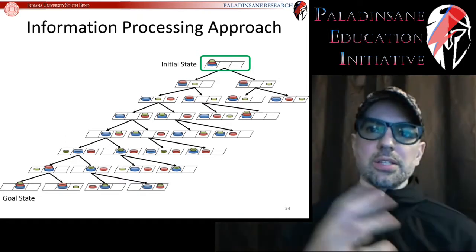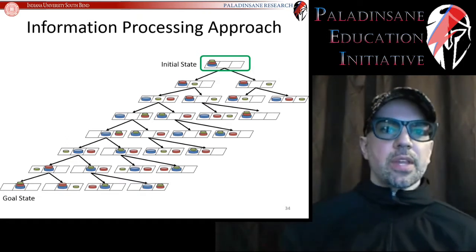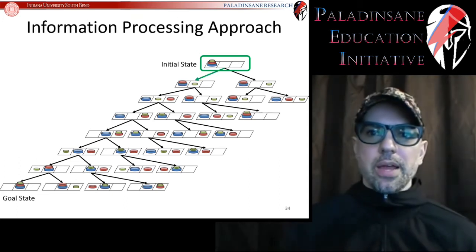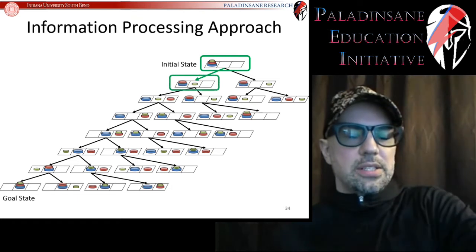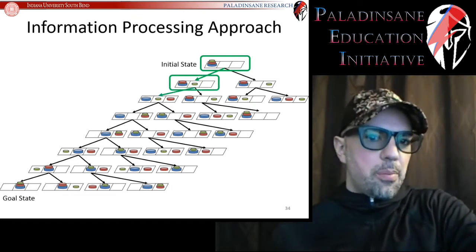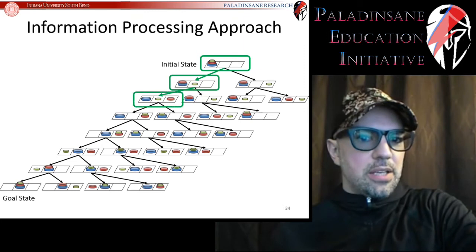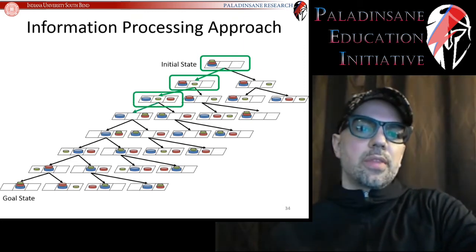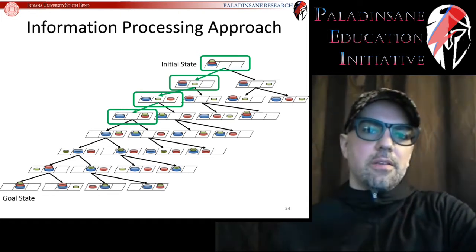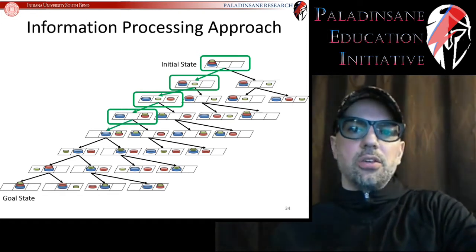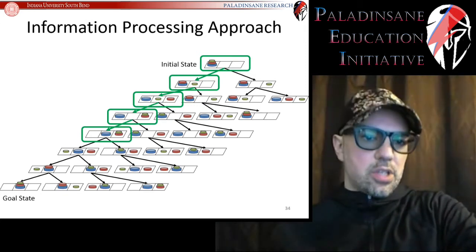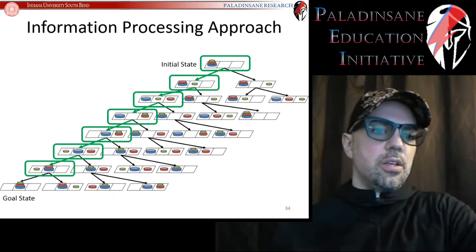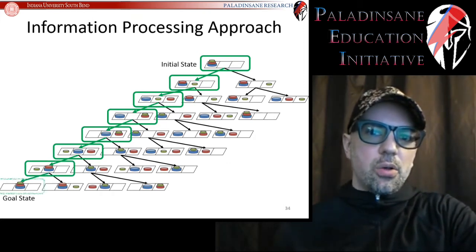In this case, we could see that a successful solution to the Tower of Hanoi problem would involve this operator right there, leading you to that intermediate state, where you would apply that operator, which would take you to that intermediate state, and then you would apply that operator, that arrow, that gives you that intermediate state, followed by that operator, taking you to that intermediate state, and so on, applying operators, moving to intermediate states, until you finally get to your desired goal state.